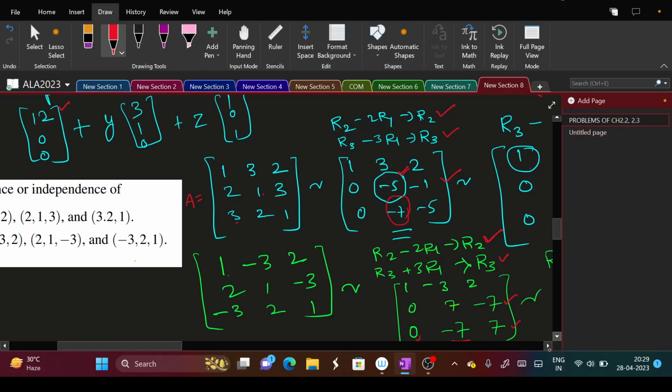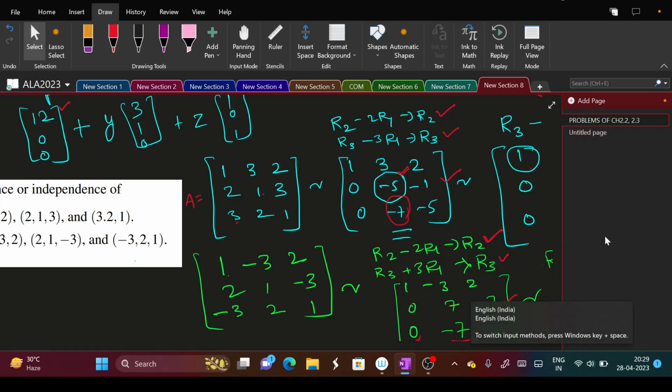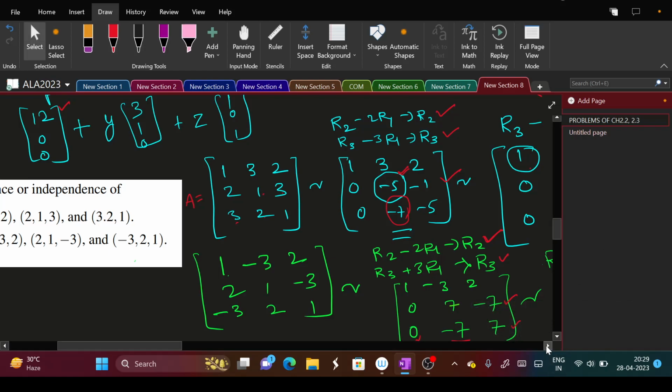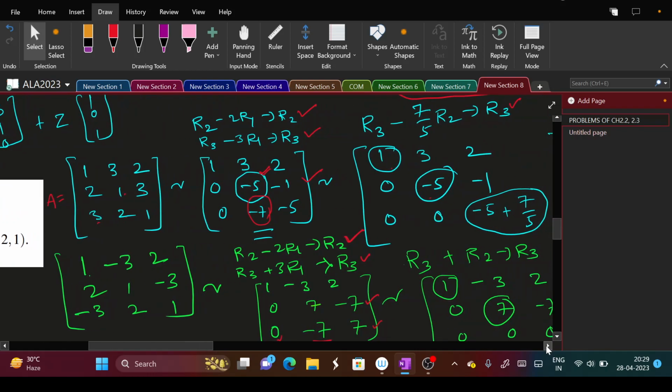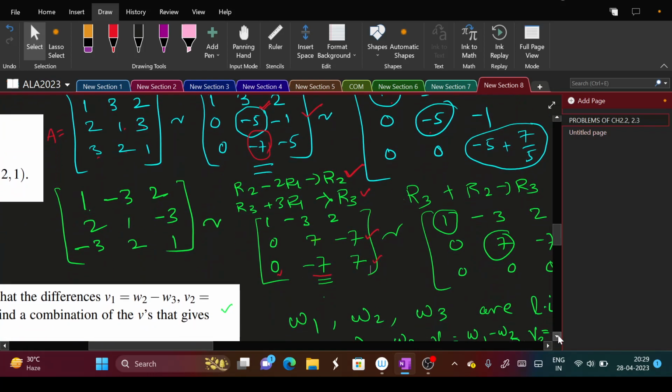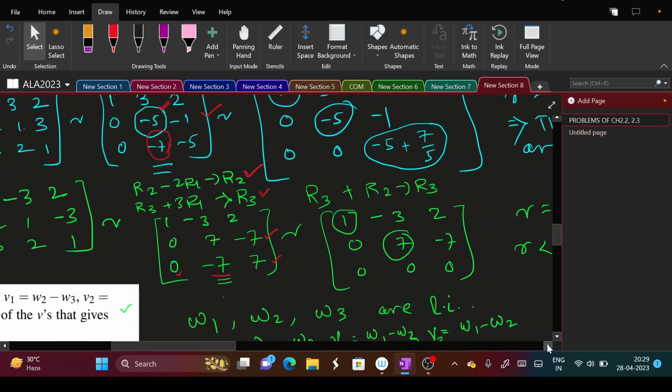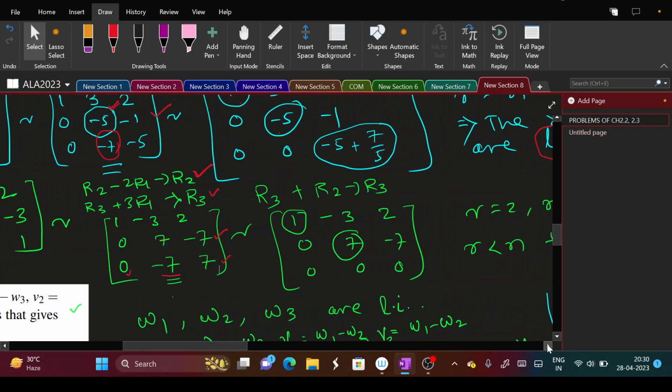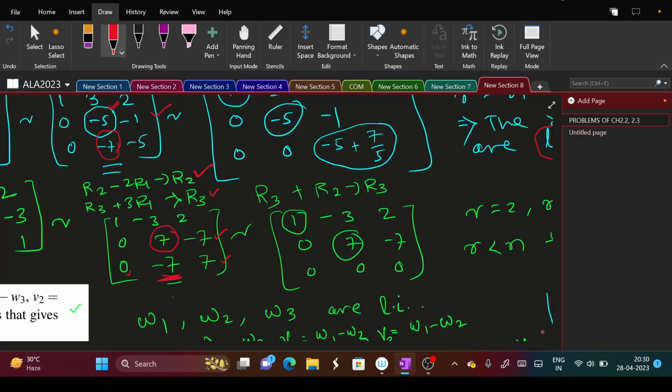Now in this matrix, what do we have to do? The second pivot element is 7, and to make the element below it 0, I must use R2 because this is my pivot. So R3 plus R2 is stored in R3.